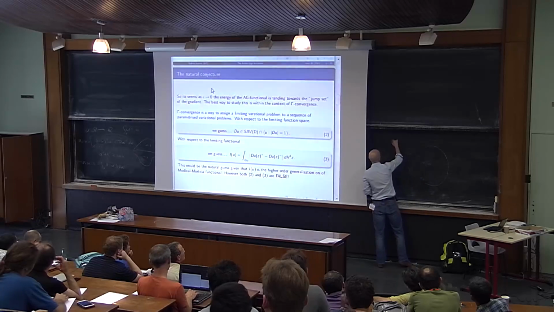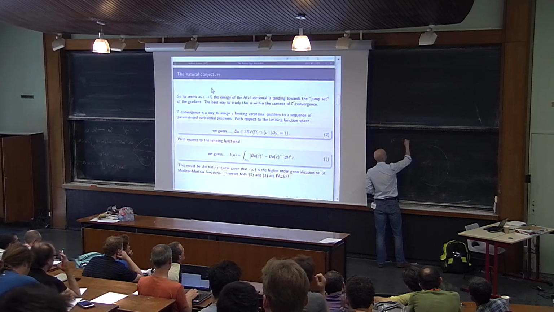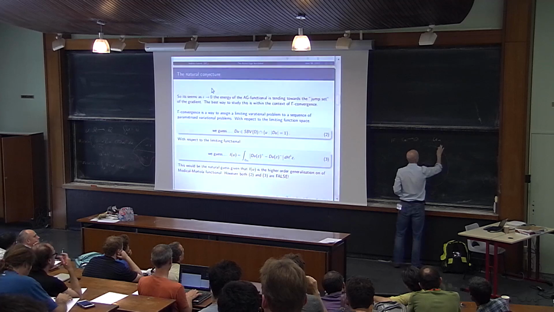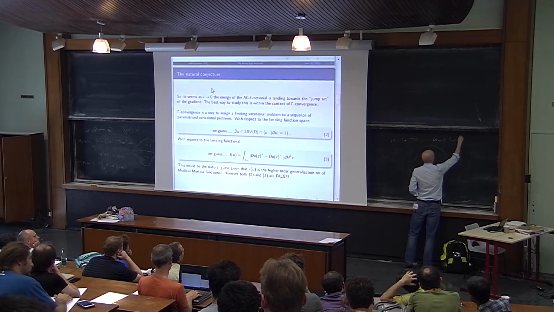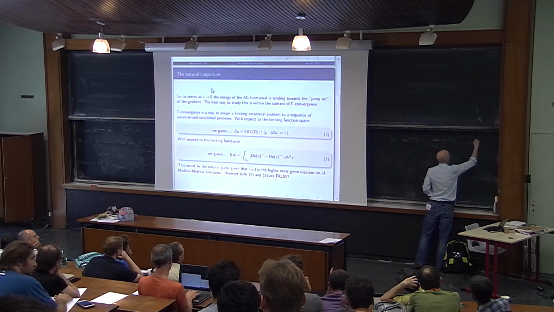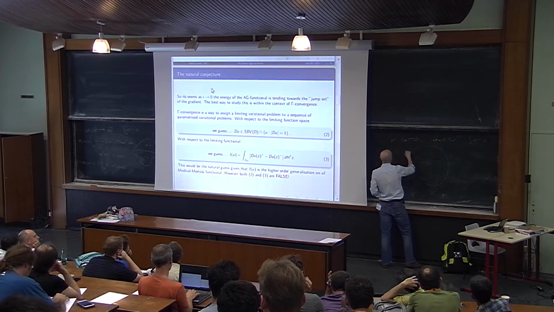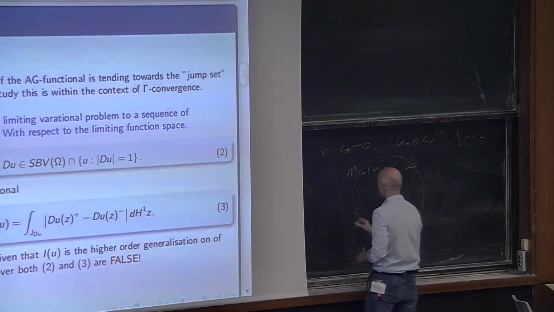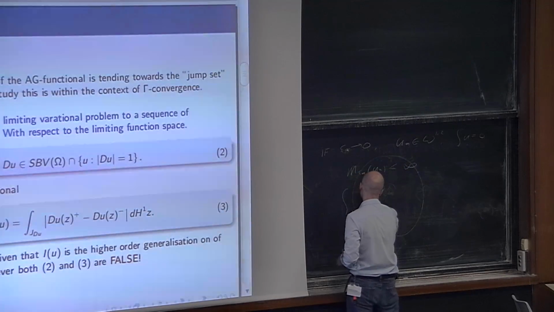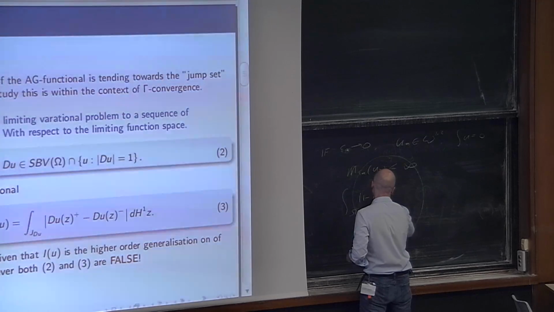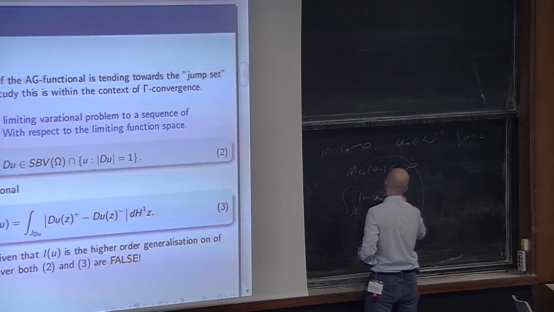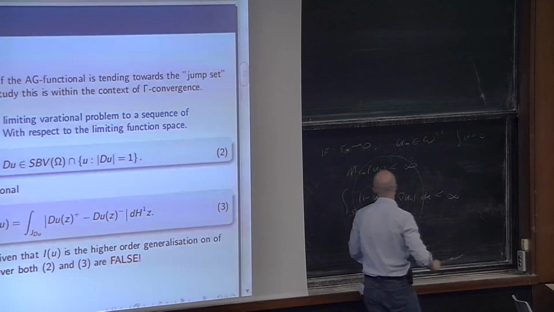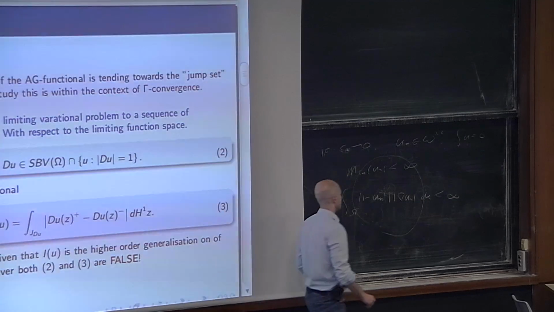So if we have epsilon_n goes to 0, and we have u_n belonging to W^{1,2} with integral equal to 0, such that the Modica-Mortola energy is less than infinity, that means that this expression is uniformly bounded.